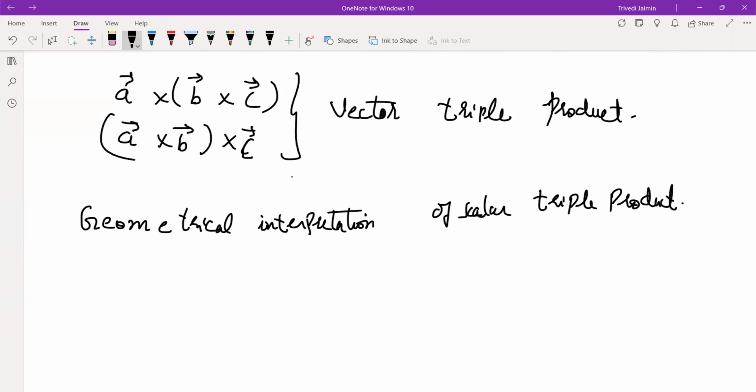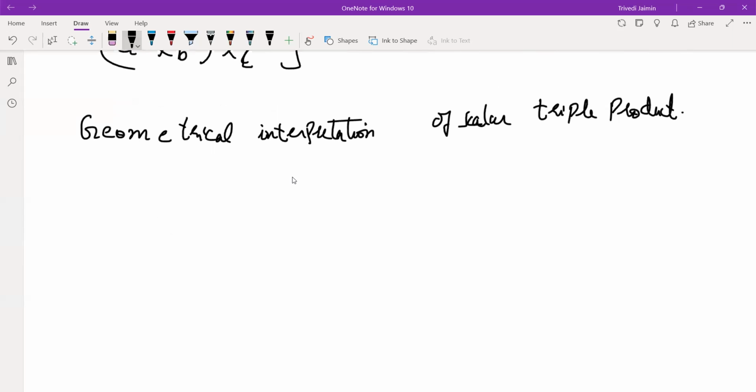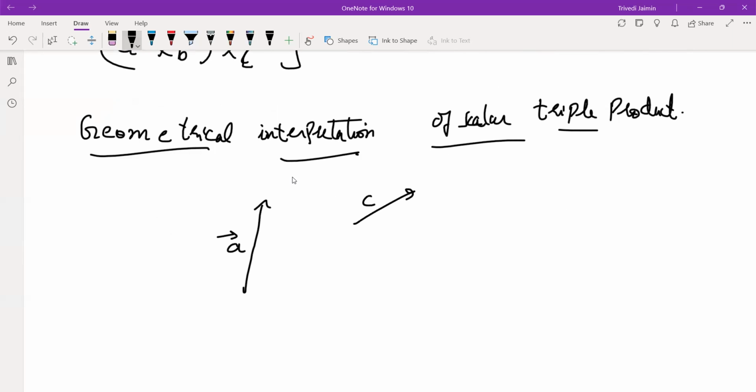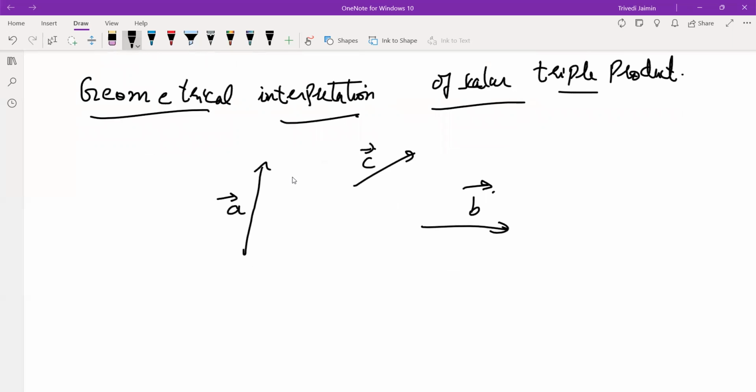Suppose, let me draw a shape. There are C and B, and some scalar quantity, which is A in this direction.